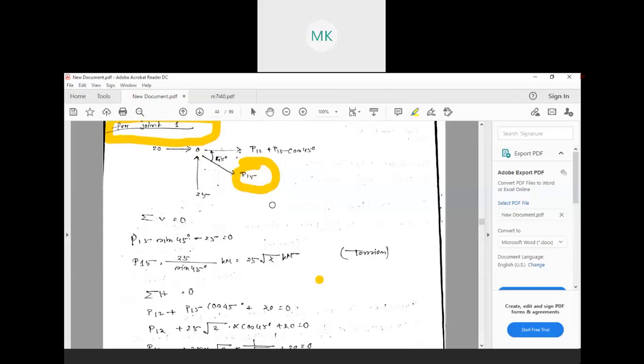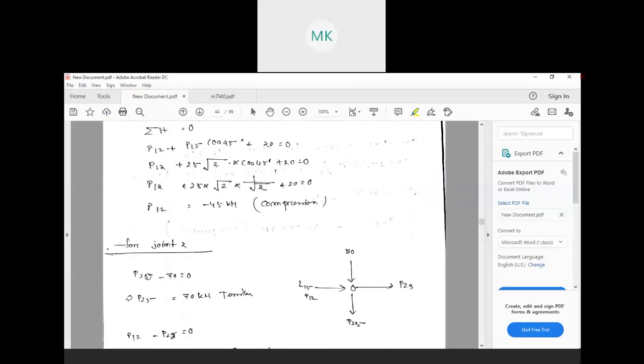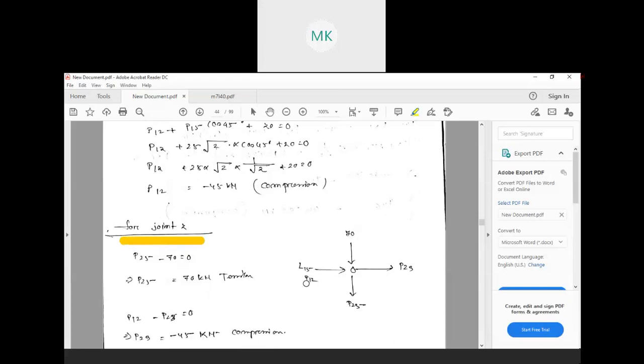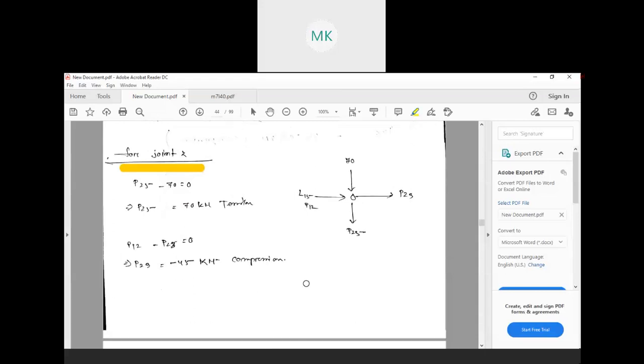So all of you go through this one by one. Similarly, for joint two also you need to find out. Just consider the members which are connected in that joint. You need to consider all the members connected in that particular joint.